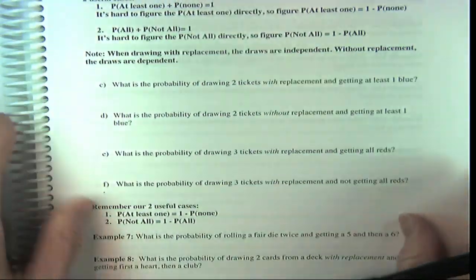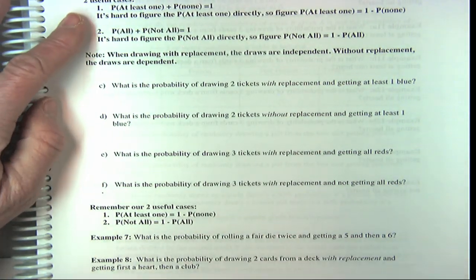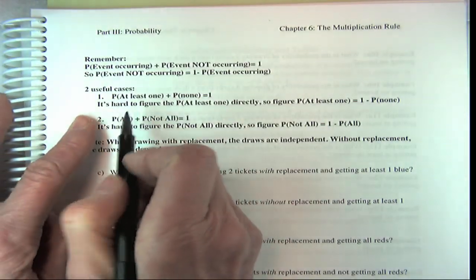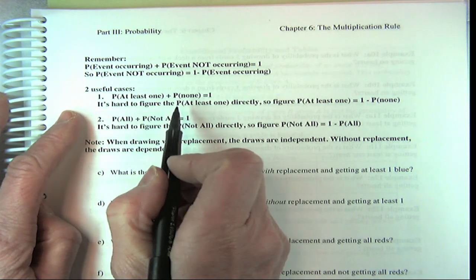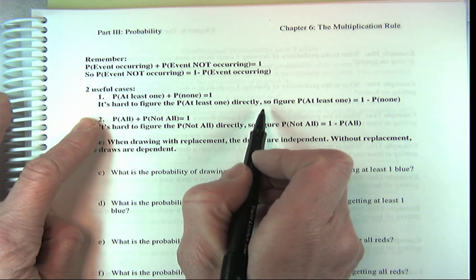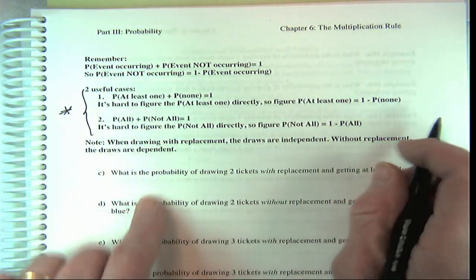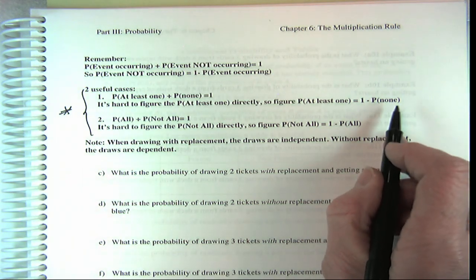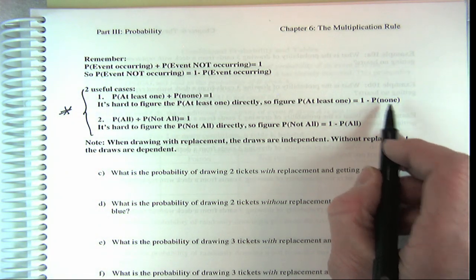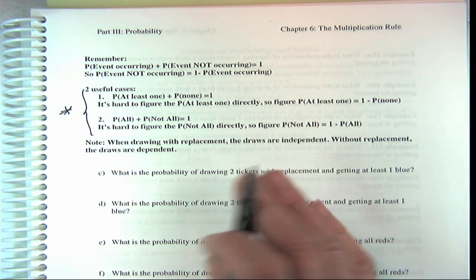So here are 2 useful cases: the probability of at least 1 is hard to compute directly, and the probability of none is its complement, and that's going to be easier. Same with not all and all. So here's an example of this.